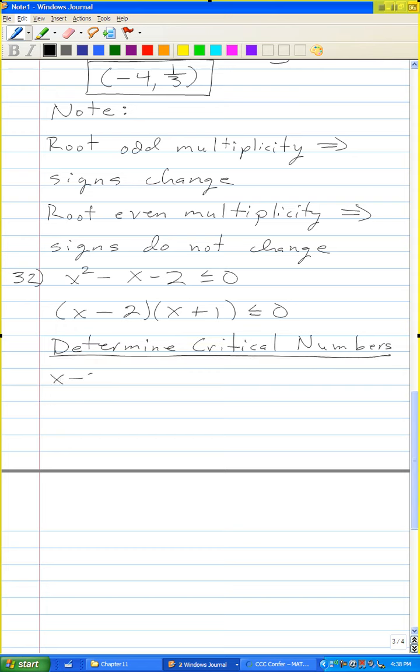Set each factor to 0. Solve for x. Add 2. Subtract 1. So x is 2. x is negative 1.